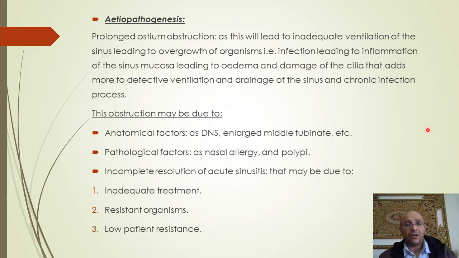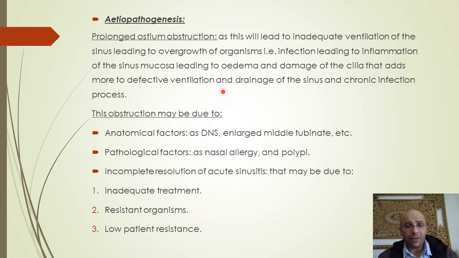Etiology and pathogenesis: prolonged ostium obstruction leads to inadequate ventilation of the sinus, leading to overgrowth of the organism, infection, leading to inflammation, leading to edema and affecting the cilia, adding more defect in the ventilation and drainage of the sinus, and chronicity develops.